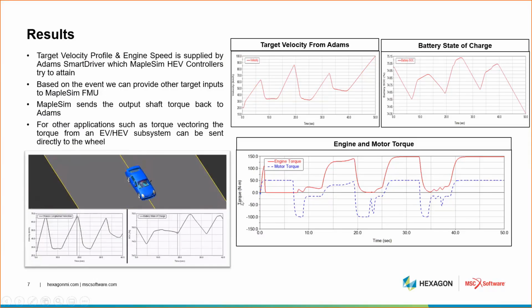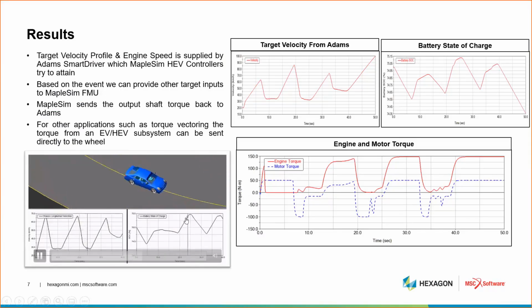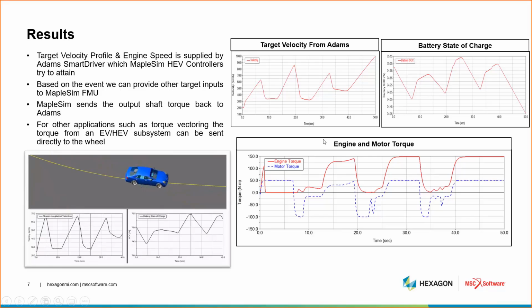And based on the event that we're running, it could be a track event, it could be a simple straight line acceleration event, MapleSim would take in the velocity, and the controllers will try to attain the set velocity or the set throttle pedal positions to figure out what the equivalent response would be for the model running on a track, the full-fledged MBD model from Adams.